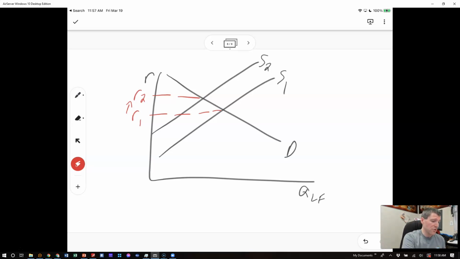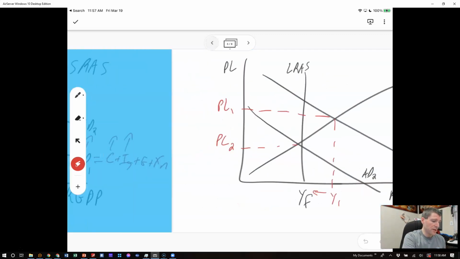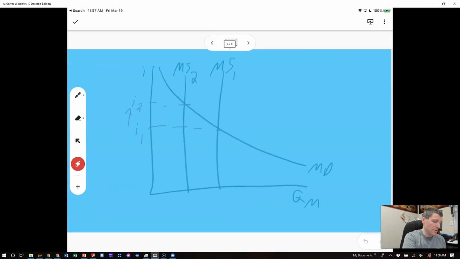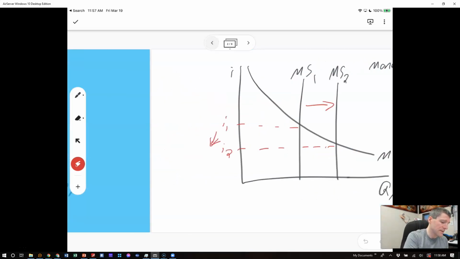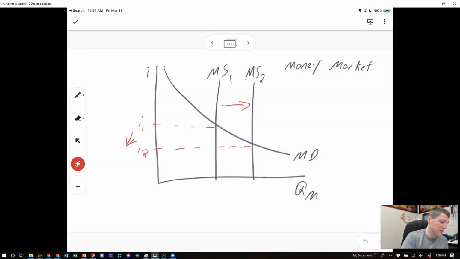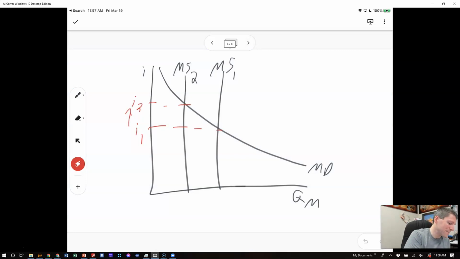Okay, so interest rates rise in the loanable funds market, and this is why you see this effect. You see interest rates rise when the money supply decreases. As the money supply decreases, you see a lower supply of loanable funds, so those interest rates go up.